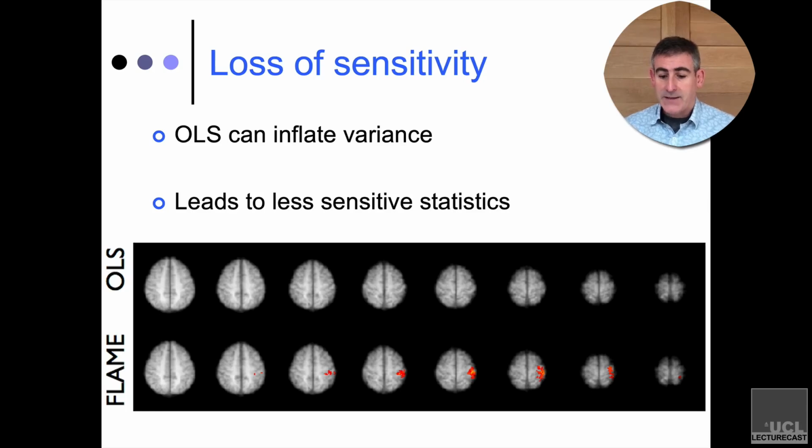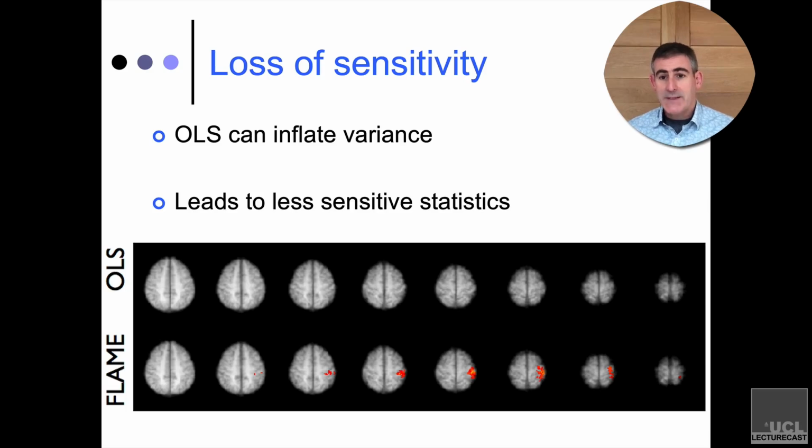And I've analyzed the exact same data using ordinary least squares to estimate between subject variance and using the fMRI model, which does this more sophisticated iterative process. And what you can see is that if you look at the bottom line, which is using the fMRI random effects version, then you actually get really nice activation in and around primary motor cortex. Whereas if you look at the ordinary least squares solution, you basically don't detect this.